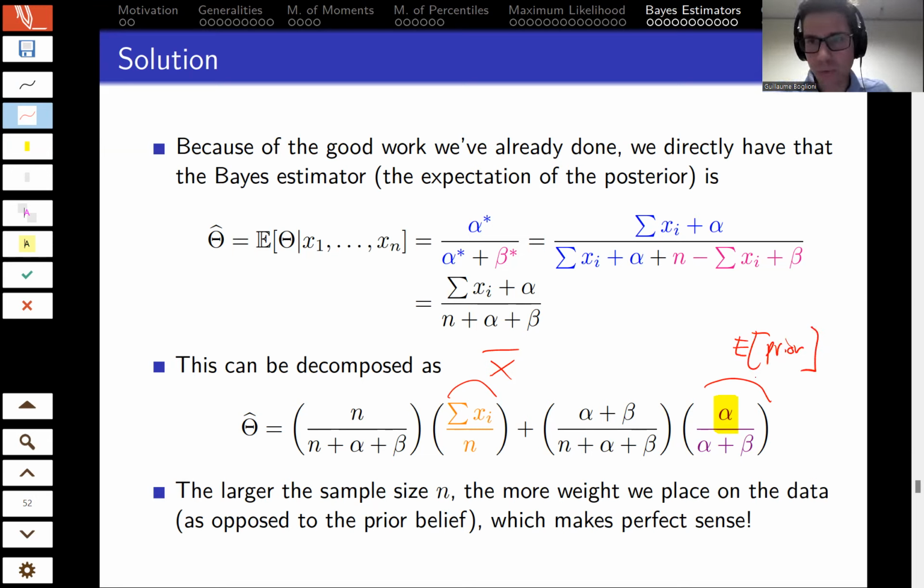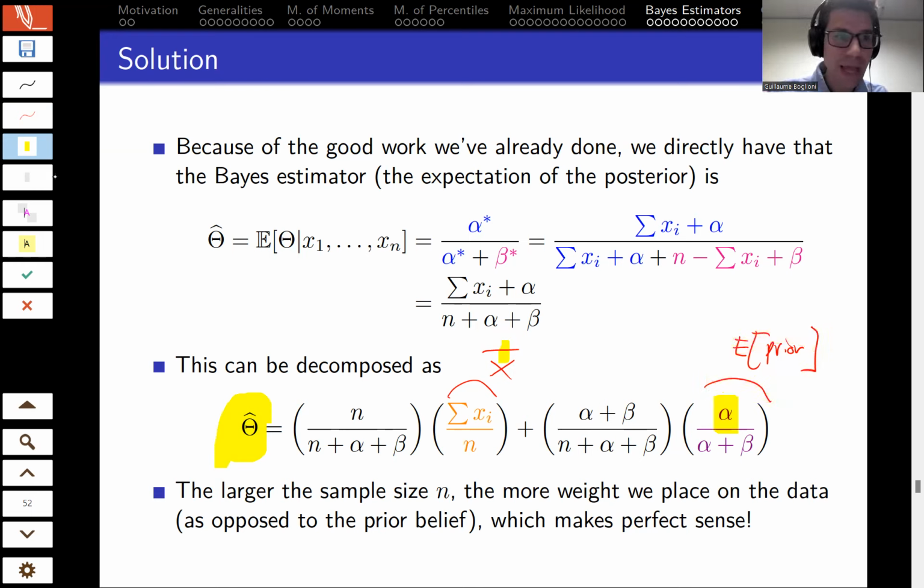Because the prior was a beta alpha beta, it's alpha divided by alpha plus beta. It's a weighted average in the sense that this is a certain percentage, and this is another percentage, but they sum to 1, obviously. This plus this equals 1, meaning you can view the Bayes estimator theta hat to be a weighted average of the sample mean, which is the MLE estimator, and your prior estimation of what theta is, which is the mean of the prior.